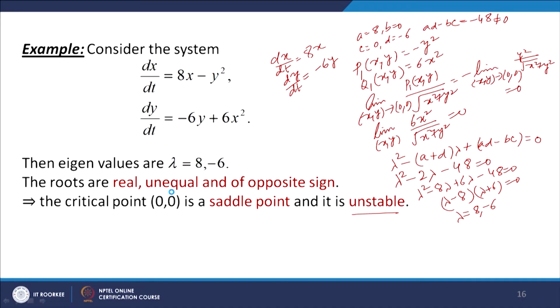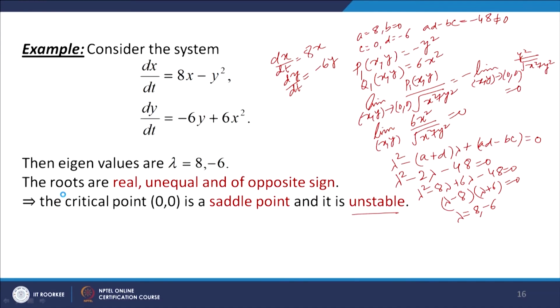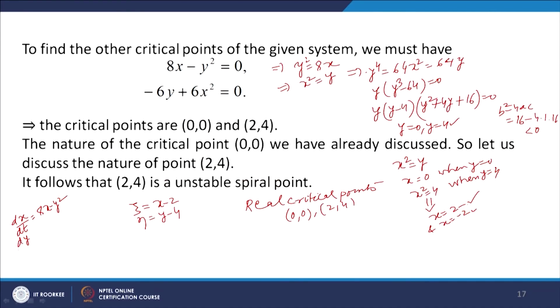So, we have dx/dt = 8x − y², and dy/dt = −6y + 6x². Now, you can see here dξ/dt = dx/dt.